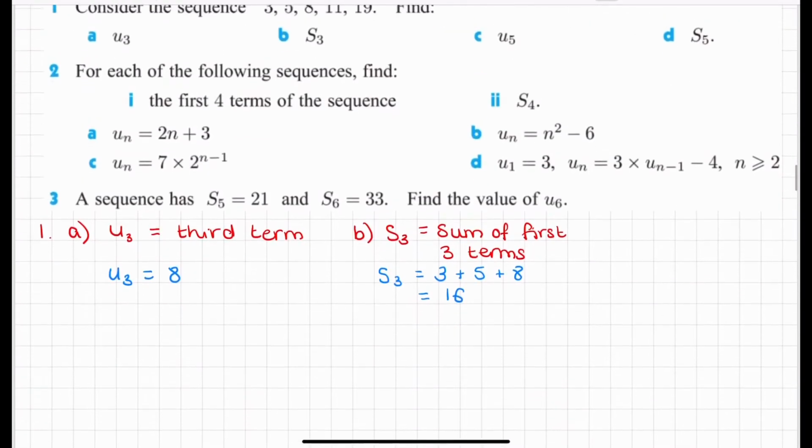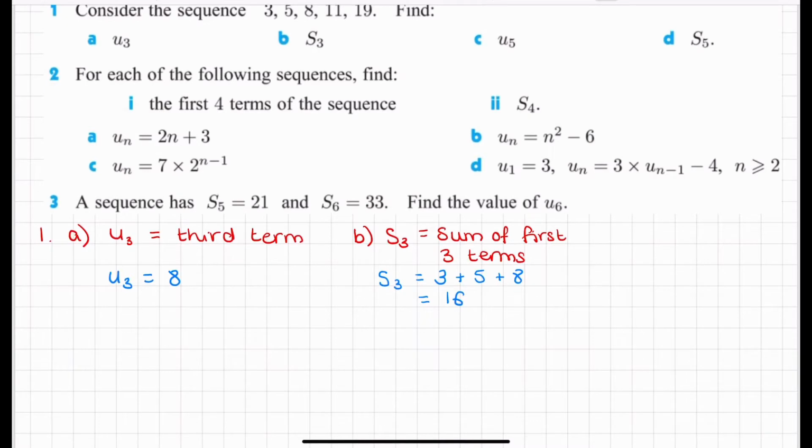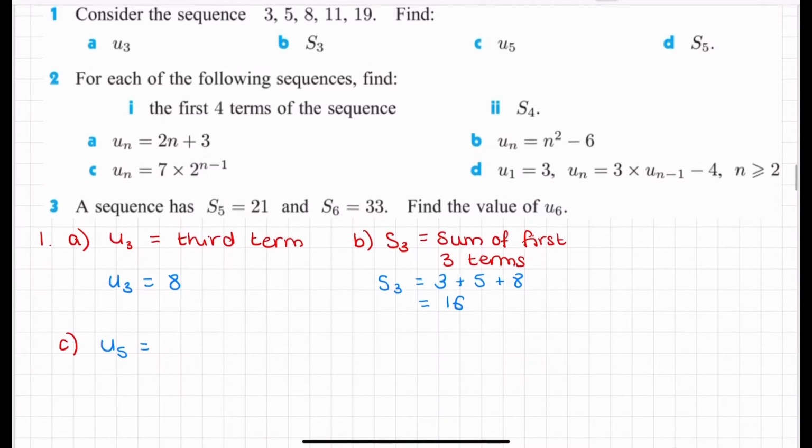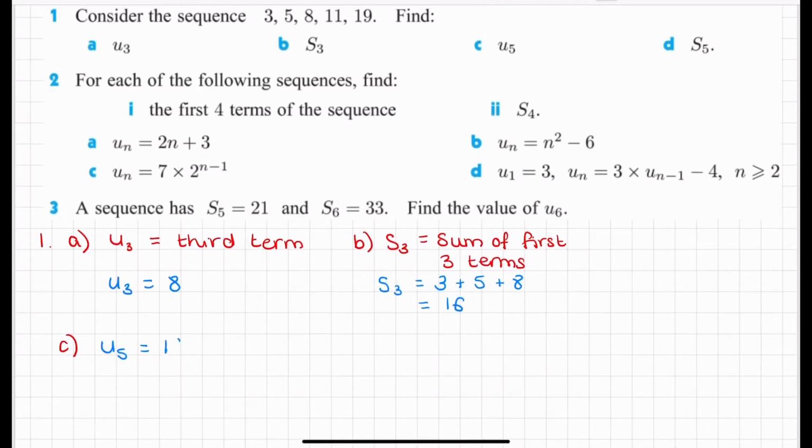Then same thing for part C. We want to find U5, so we just find the 5th term, which is 19. And part D, we want S5, which is the sum of the first 5 terms, so it'd be 3 plus 5 plus 8 plus 11 plus 19. Then if you add that all together, you get 46. And that's how it works.